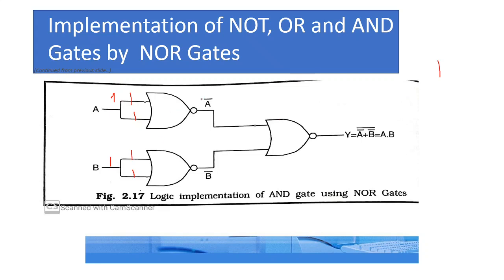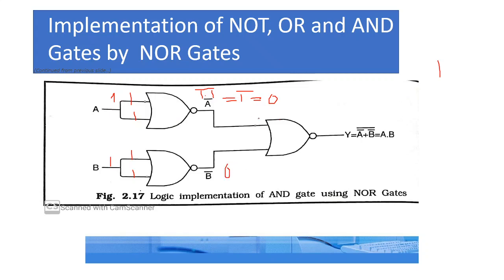So the output of this NOR gate is (1 plus 1) bar, which is 1 complement, and it is equal to 0. So the output of this first NOR gate is 0. Similarly here the input is 1 1, so the same output here, 0.